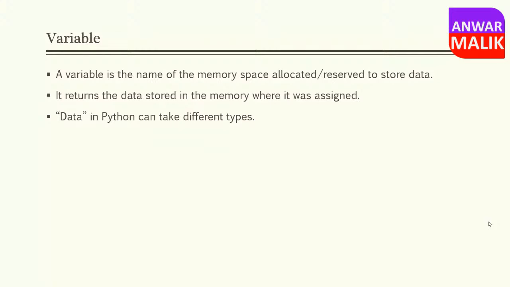So your name is a variable that is pointing towards the memory in your computer or on your RAM, or maybe it can be your hard drive. So you want to store information that is normally termed as data in some space in the memory, let's say in the RAM, and you want to access it using some commands.